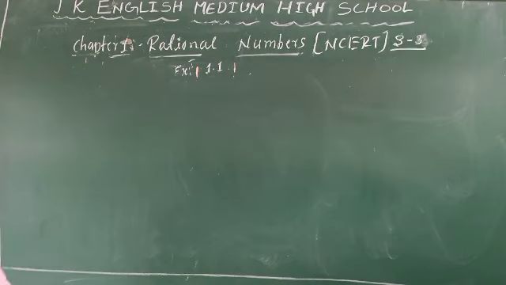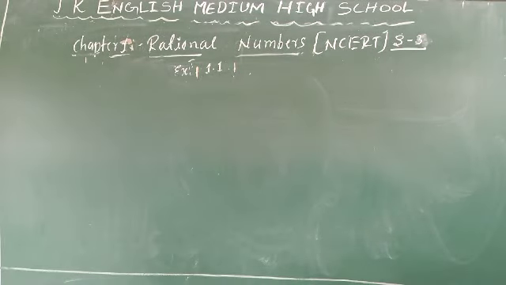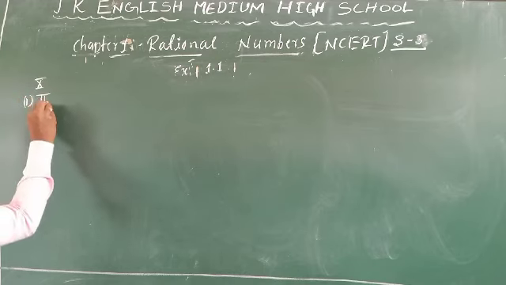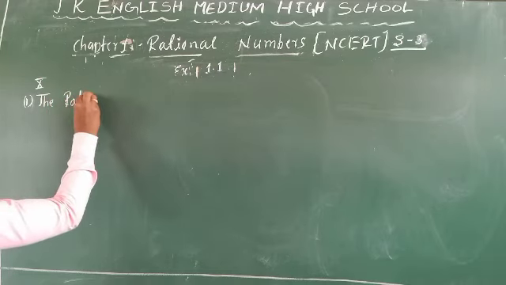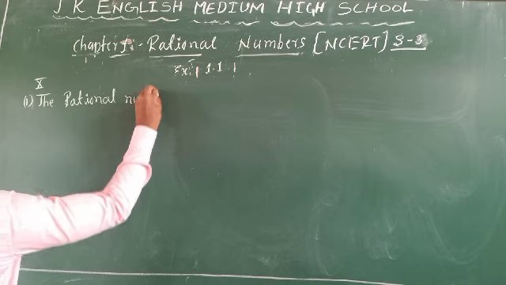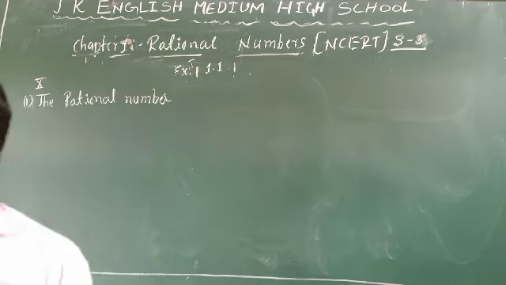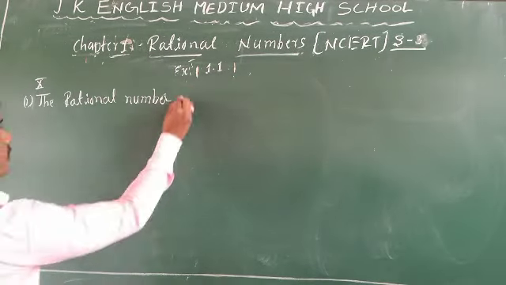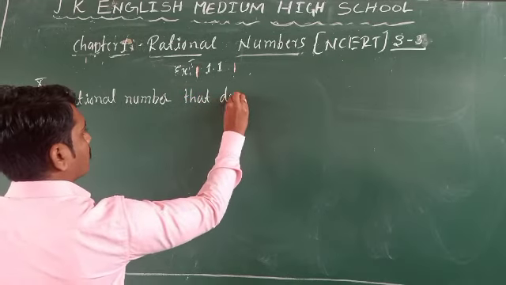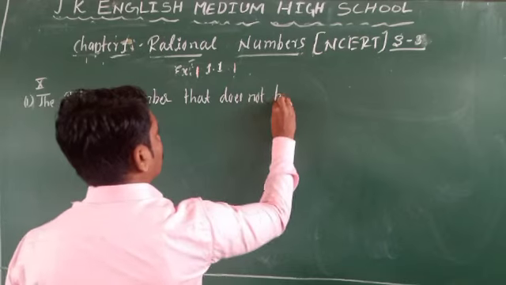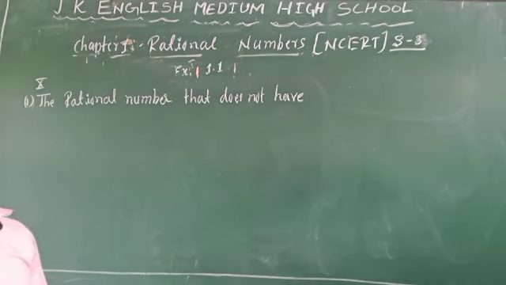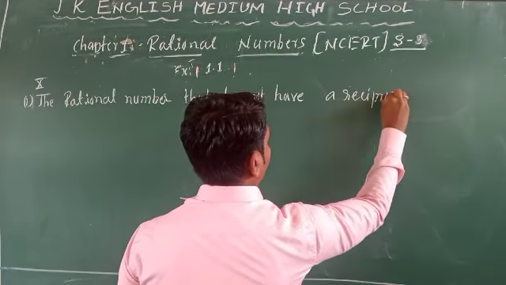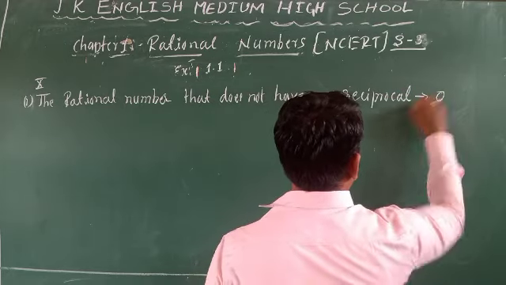You should write down the required answer. 10th main, question number 1: the rational number that does not have a reciprocal. What is the answer? 0.